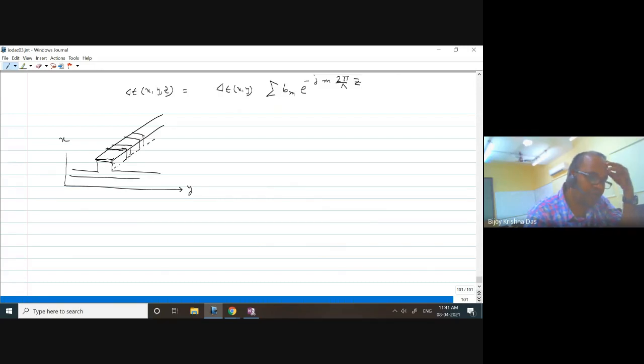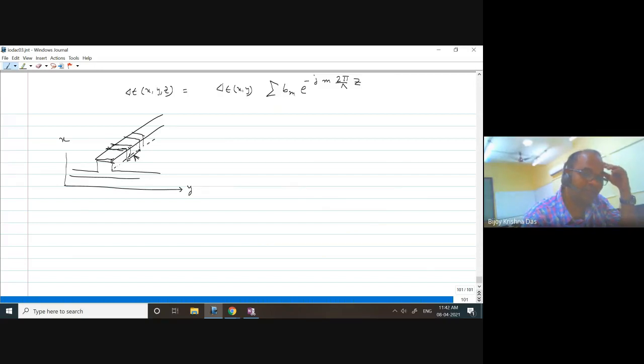Suppose you have some region where you have slightly reduced the width or height periodically. If I consider this one as lambda, this is the period, and then some certain periodicity is there.